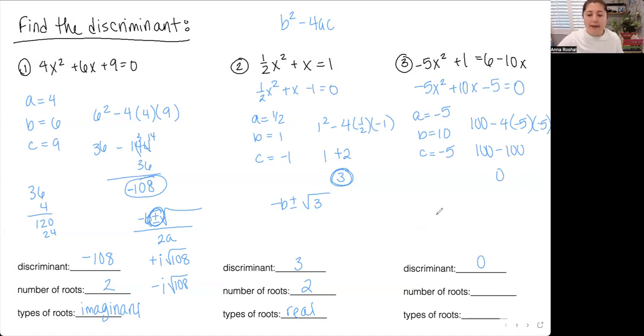Now let's think about what that means in terms of my number of roots and the types of roots. So in this case, I'm going to end up with -b plus or minus 0 over whatever. Here's the thing. If I'm adding or subtracting 0, this whole piece goes away. If that whole piece goes away, I'm just left with -b over 2a.